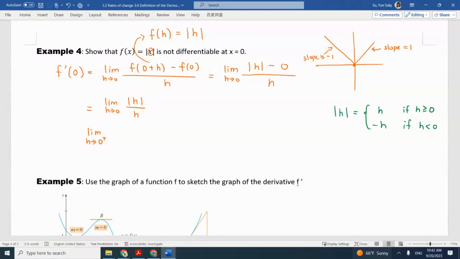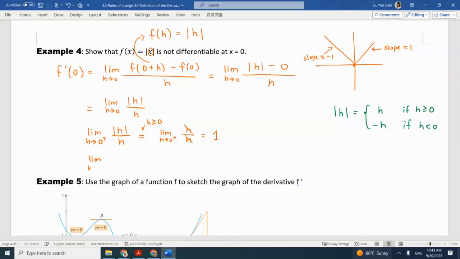Is that okay, everybody? This is how we break it. Therefore, on the right side of the limit, because h is greater or equal to 0, absolute value of h is h. Therefore, h cancels, we get 1. Is that okay, everybody? We get 1.